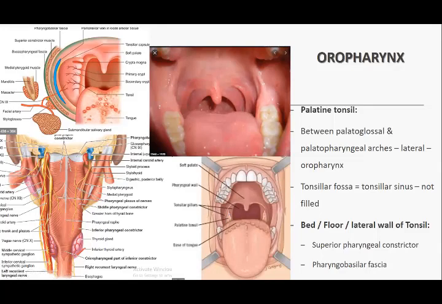This aggregation of lymphoid tissue is called the palatine tonsil, or simply the tonsil. In layman's terms, when they say the tonsils are enlarged, we mean the palatine tonsil. Unfortunately, people call the enlarged pharyngeal tonsil adenoids.